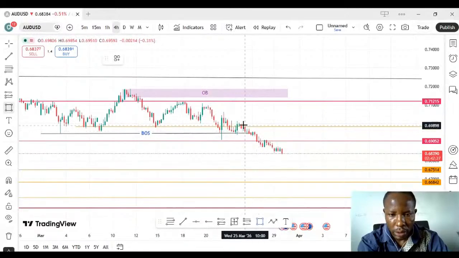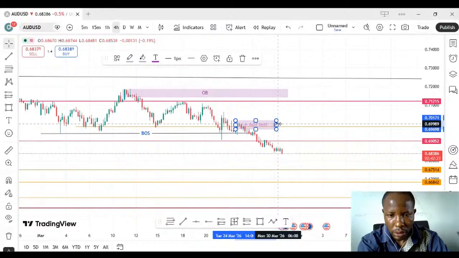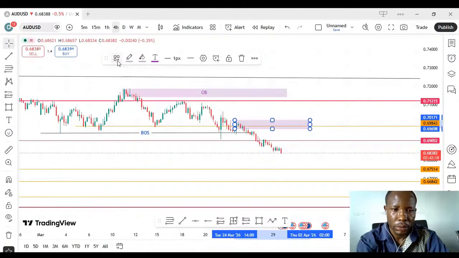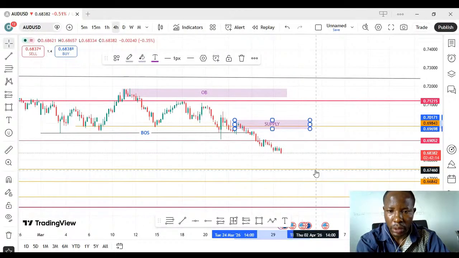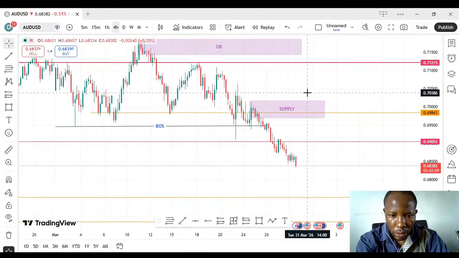So this area is the only demand that has not been mitigated. So we start our aggressive push to the downside from there.